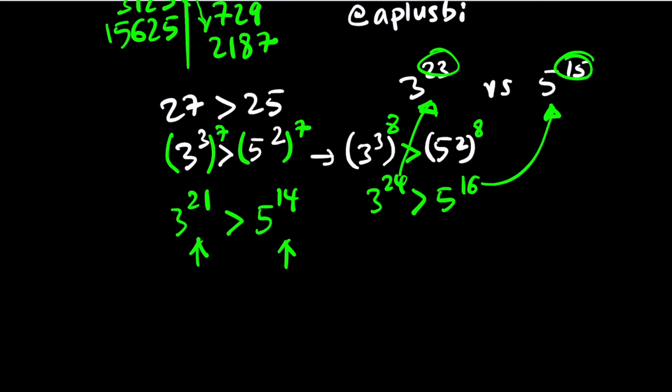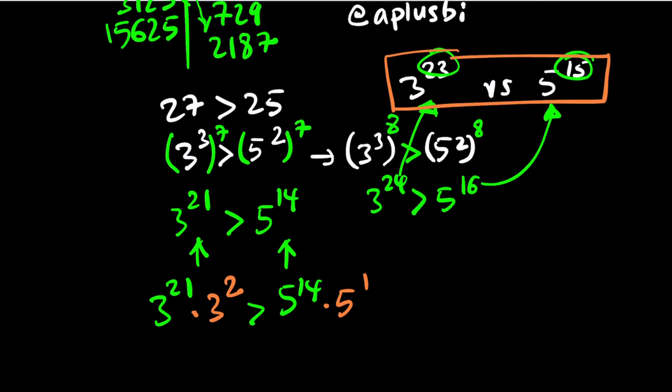So here's what we're going to do. We're going to multiply 3 to the power 21 by 3 to the second power, which is 9. And we're going to multiply 5 to the power 14 by just 5 to the first power. And that kind of makes sense. You know why? Because your goal is to get to 3 to the power 23. To get from 3 to the 21st to 23rd, you need the second power. Does that make sense?